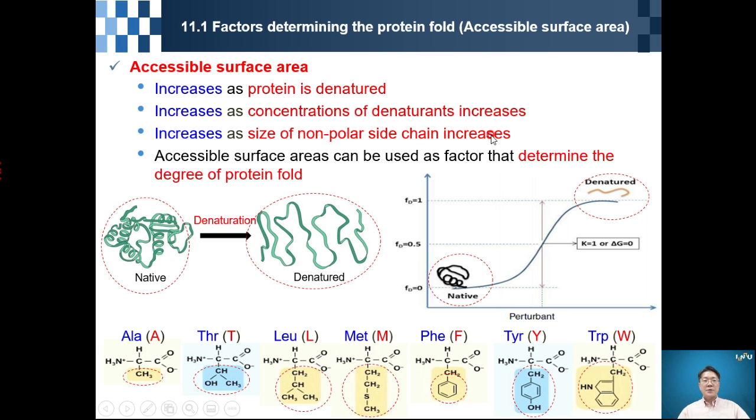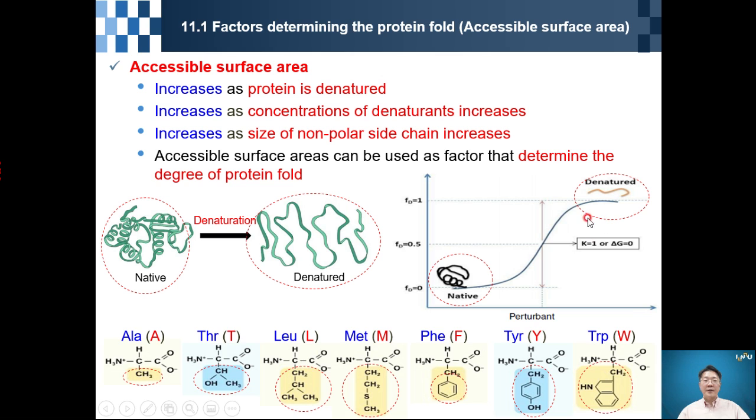Based on this observation, the accessible surface area can be used as a factor that determines the degree of protein folding.